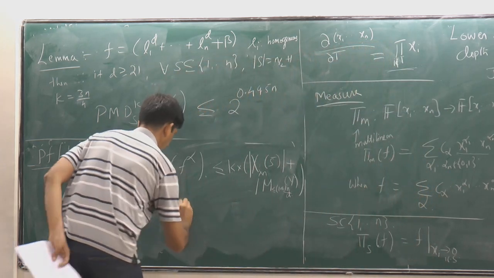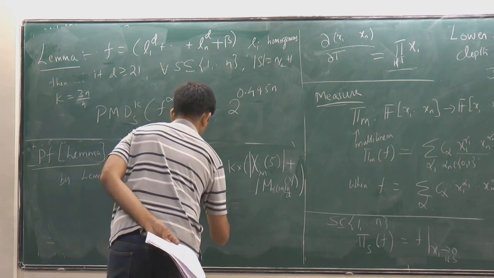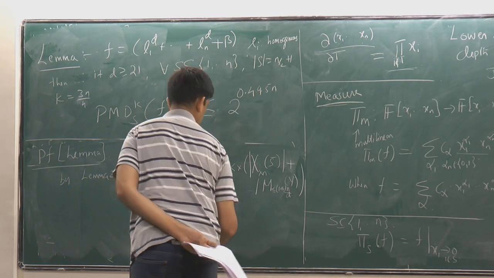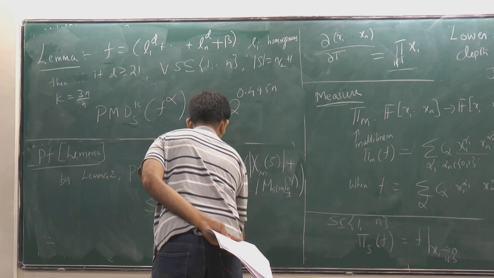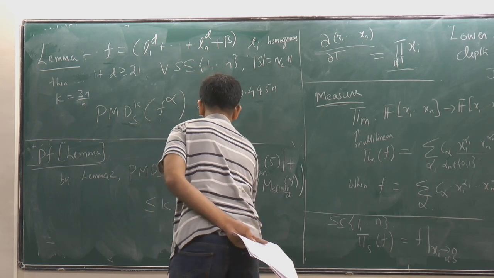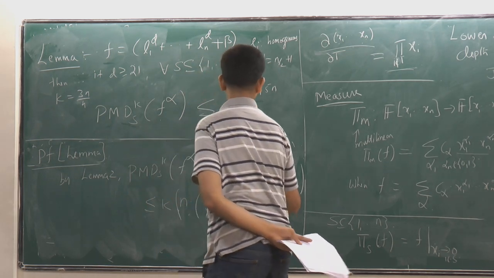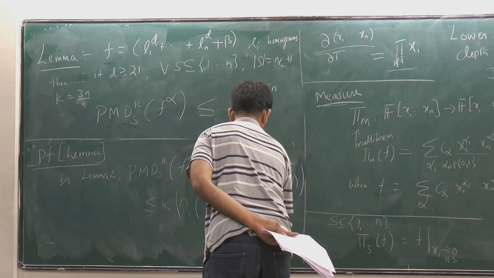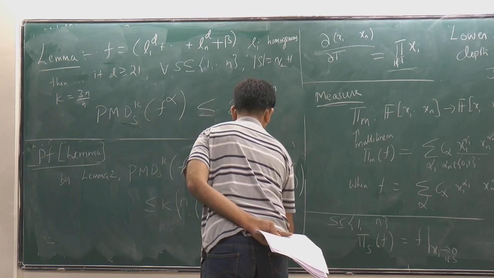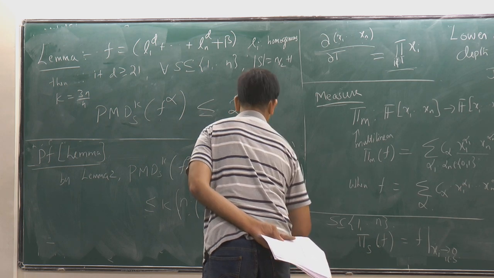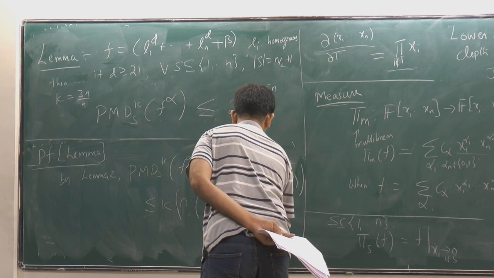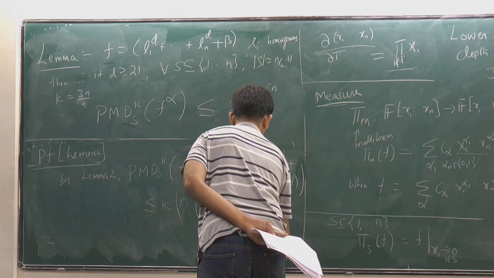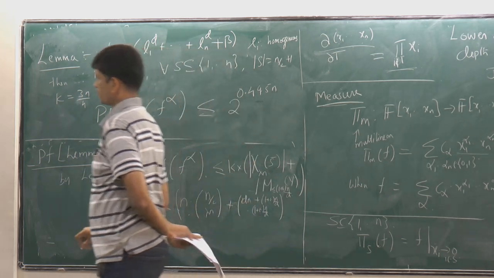So it's at most n times n by 2 choose lambda n, plus this will be at most the number of variables, which is dn, plus 1 plus epsilon times n by d, choose 1 plus epsilon times n by d.